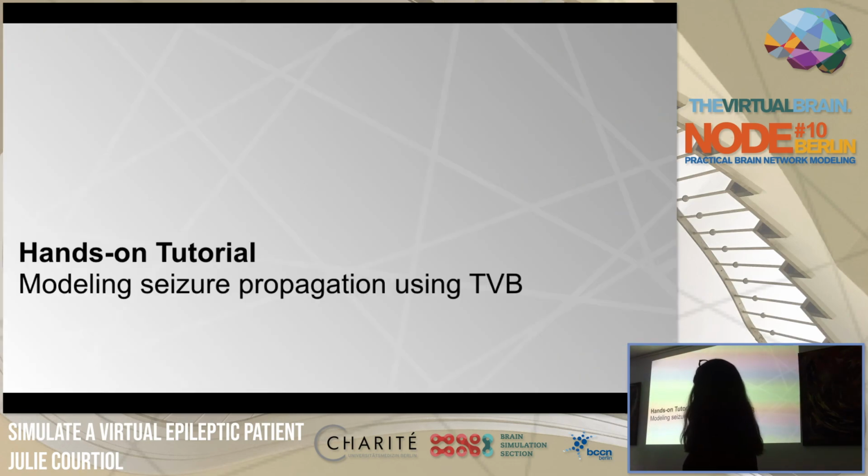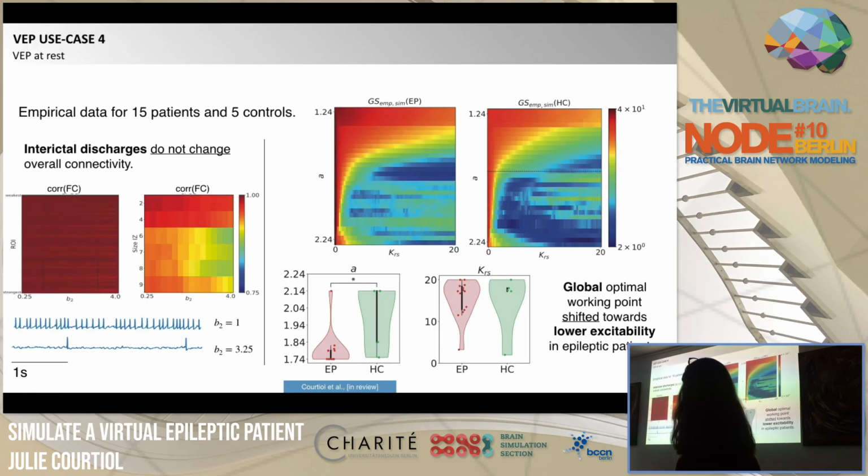So that is the overall study for epilepsy. And now we will try to reproduce a virtual epileptic patient, but with the Jupyter notebook.